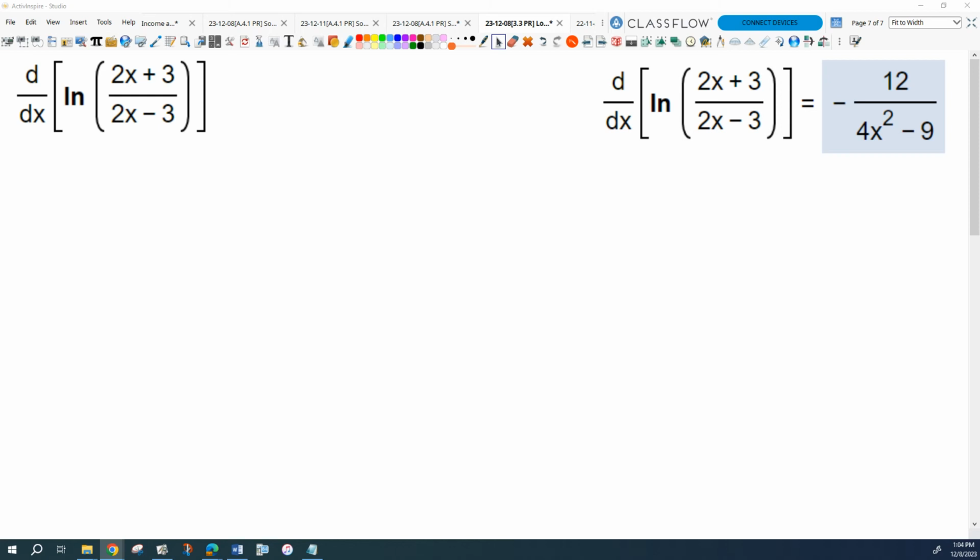If we want to apply our properties of logs first, right?